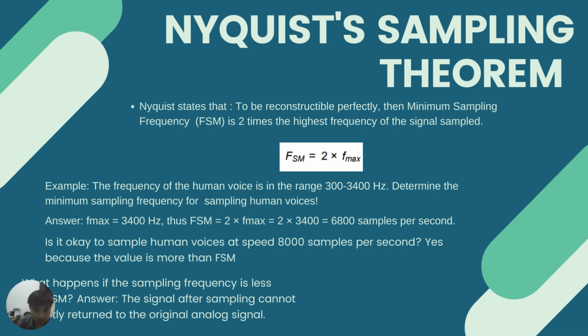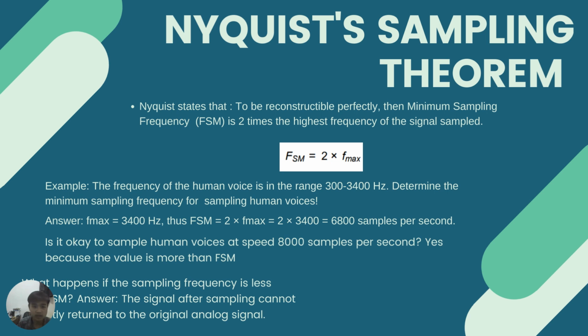If someone asks, is it okay to sample human voice at 8,000 samples per second? The answer is yes, because the value is more than Fsm. And what happens if the sampling frequency is less than Fsm?